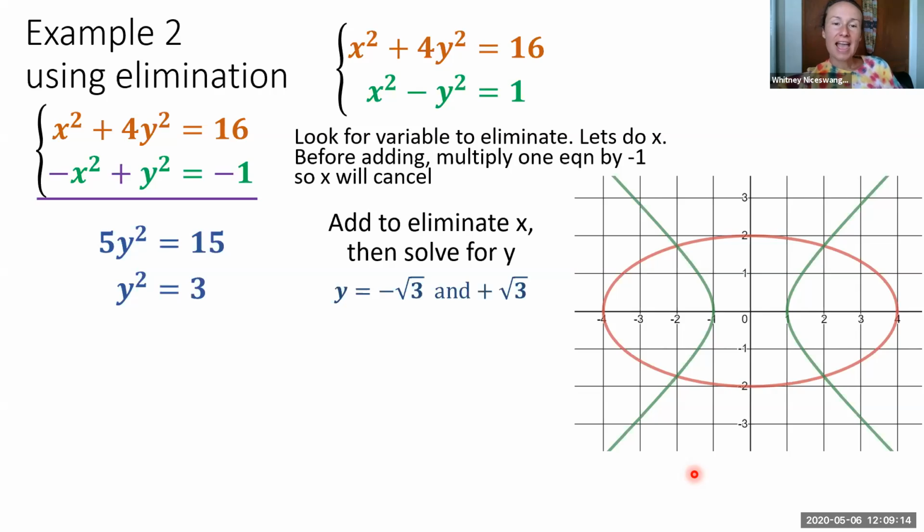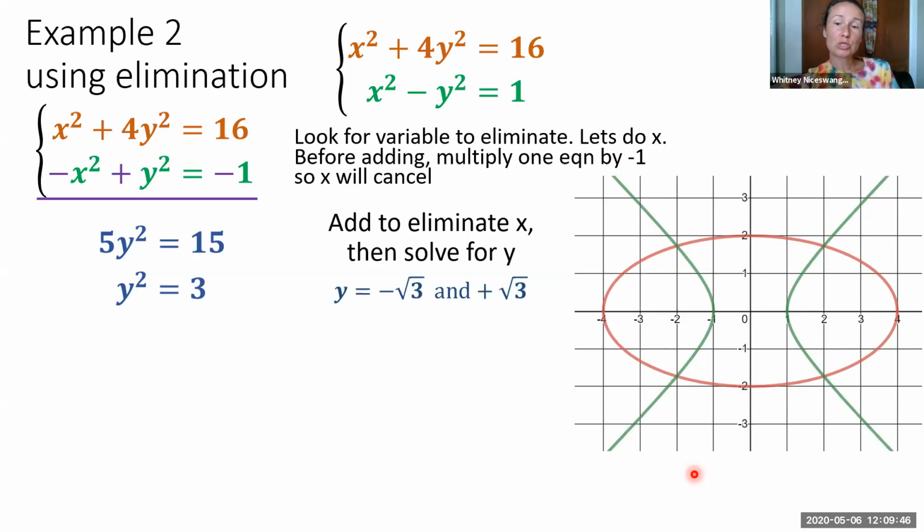Okay, and here's where it's nice to have this graph. So let's take a second and look at the graph. Our first equation in orange is an ellipse because we have an x and a y, they're both being squared and they're being added, but the coefficients are different, so it's an ellipse. The green one, we have the x and y both being squared, but they're being subtracted, so it's the hyperbola.